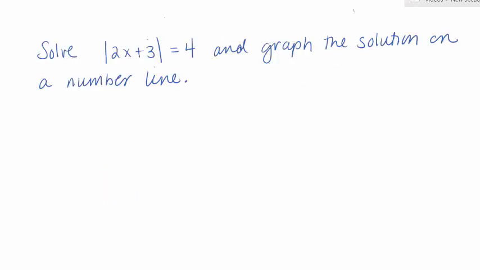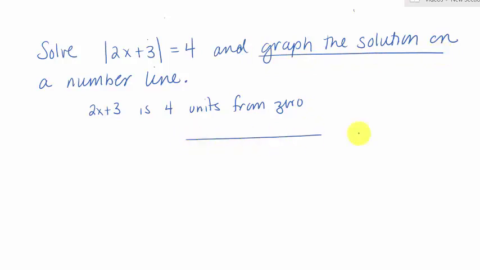So for this problem, what we're saying is that the quantity 2x plus 3 is 4 units from 0. So we're going to actually do the graphing part first to understand what's going on with this problem.